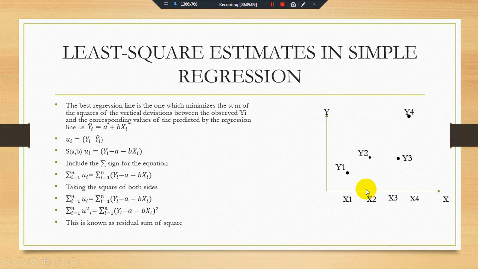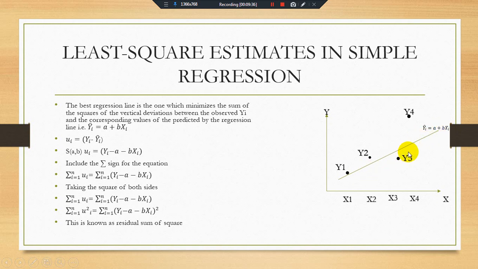Okay, the main aim here is to draw a straight line. We have drawn a straight line. See here, y1, y2 and y3 are very close to the straight line, or estimated line. Technically this is called the estimated regression line, y hat i is equal to a plus bxi.